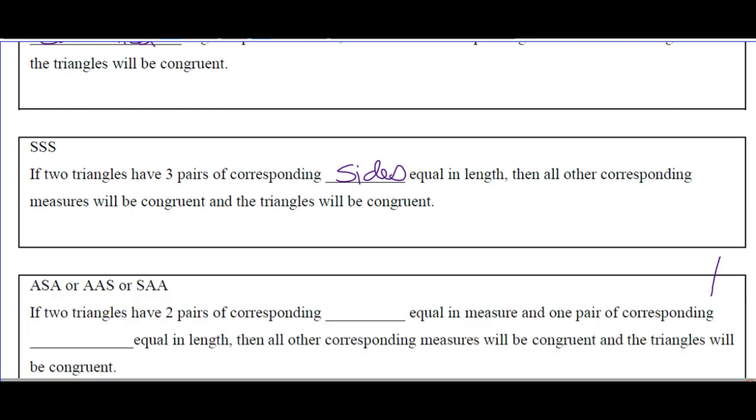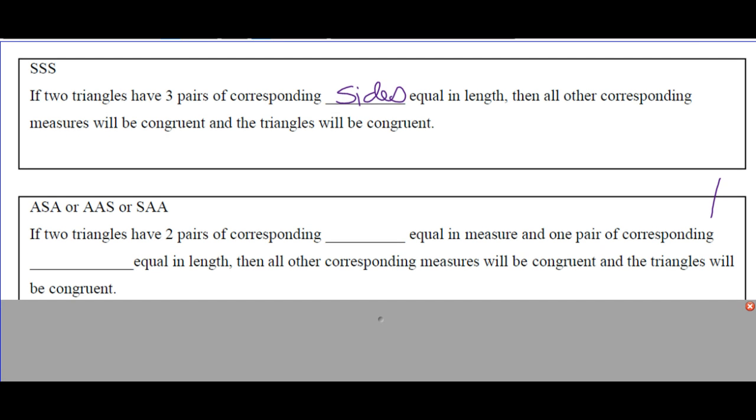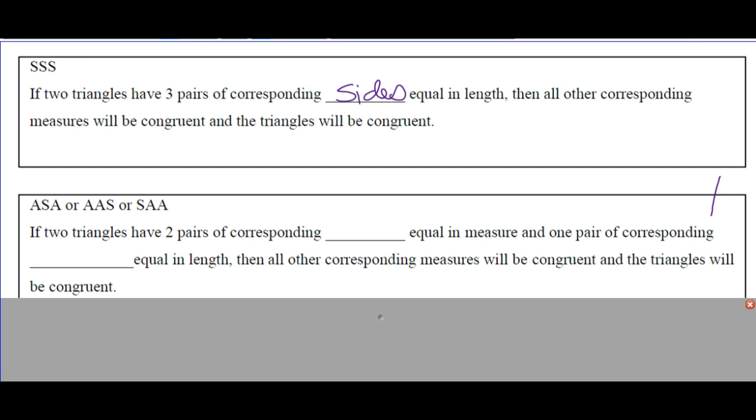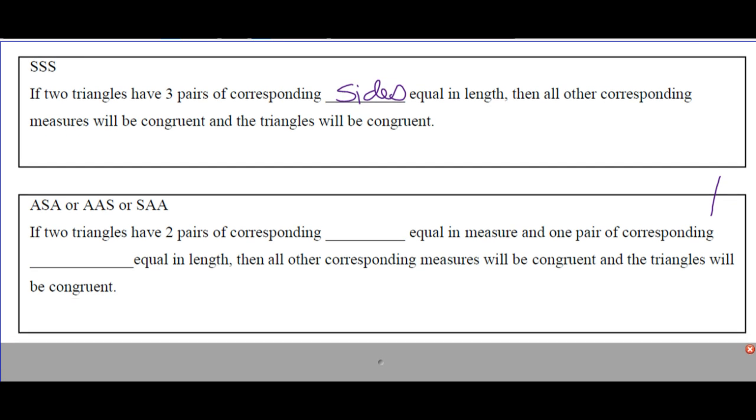And one other triangle congruency. It's called angle side angle, or angle angle side, or side angle angle. If two triangles have two pairs of corresponding angles equal in measure and one pair of corresponding sides equal in length, because really, if we know two angles are the same, what do we know about the third angle?